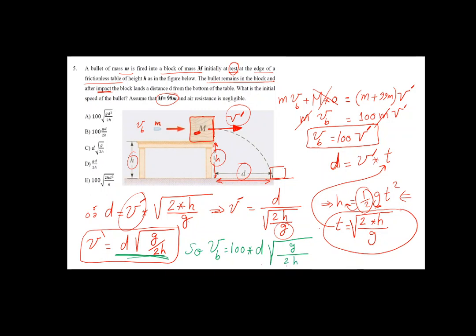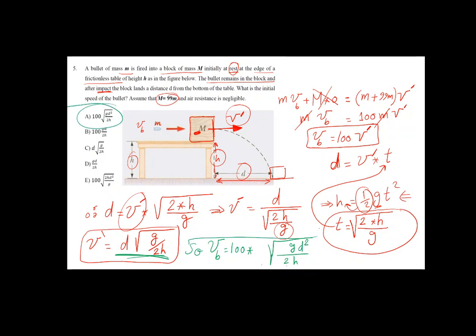It's not exactly in the answer. In the answers here, he put the d inside the root. So I will take the d inside the root. I will write it d squared. There is no problem. Then let's look again. Which one is the right answer? 100 times the root of g times d squared over 2h. So the first one is the right answer.